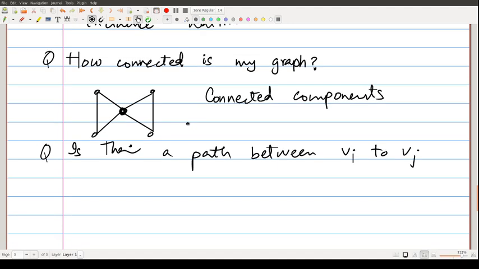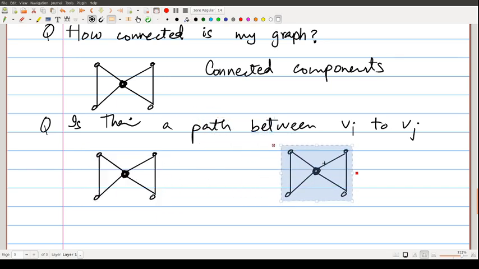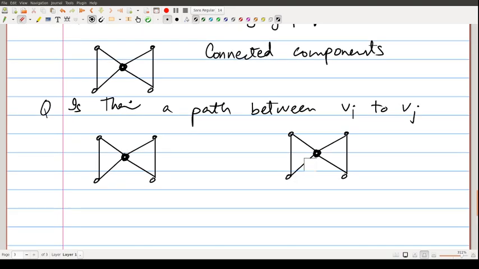For example, let's suppose this is my initial network. Let's say this is one of my transportation networks, and in one of them this station fails. Now the question is, is there a path between Vi and Vj? Let's suppose this is V1, V2, V3, V4. Is there a path between V1 and V4?